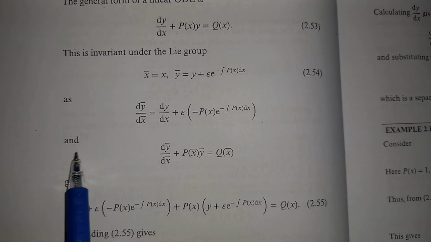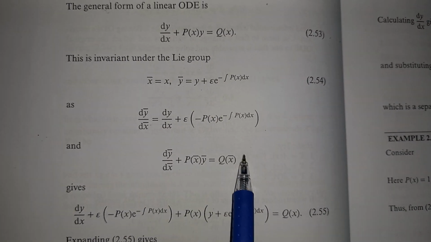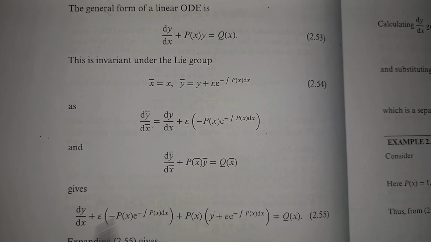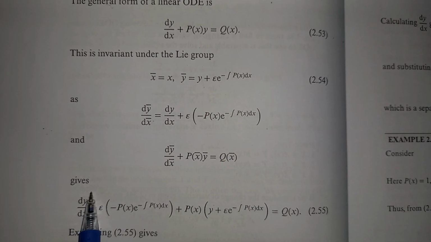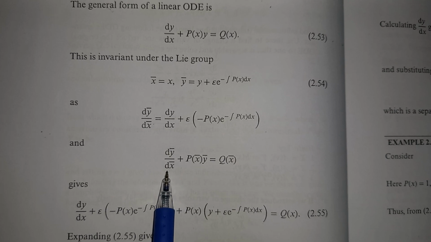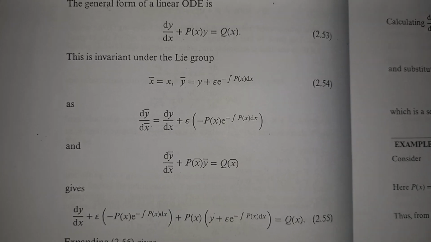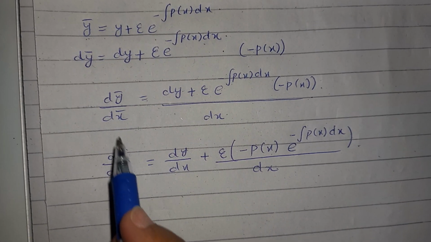Now have a look over here, that if we want to check the invariance of this equation, then we can write it in this way, and after that we will substitute the values. That means dy bar over dx bar will be like here I have done dy bar divided by dx bar.